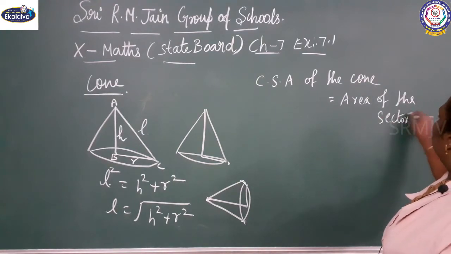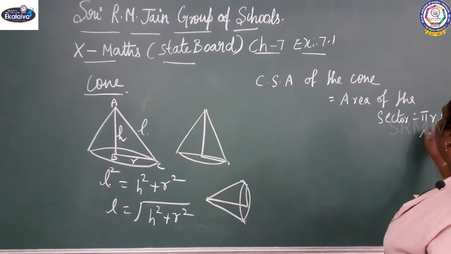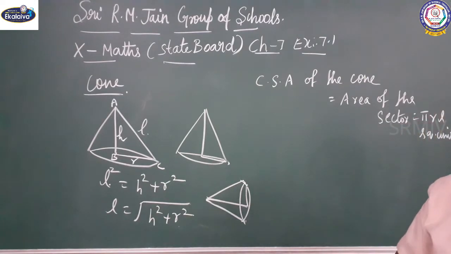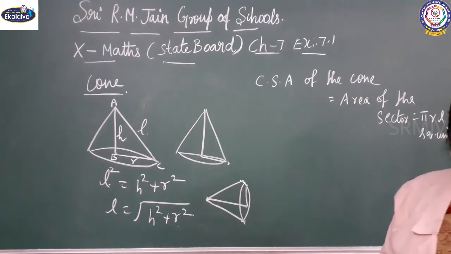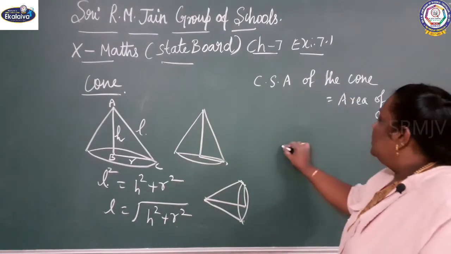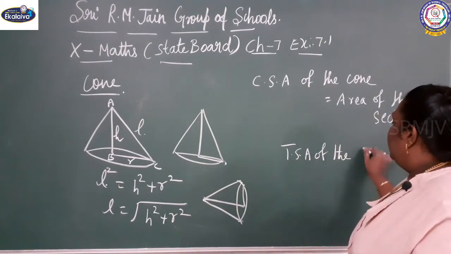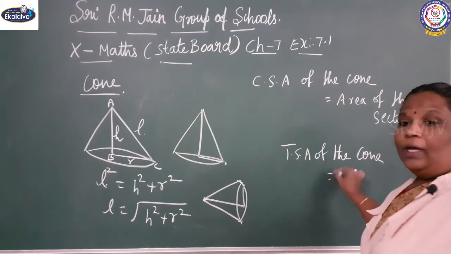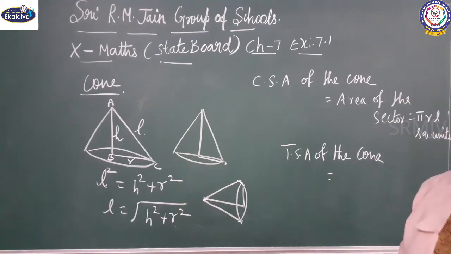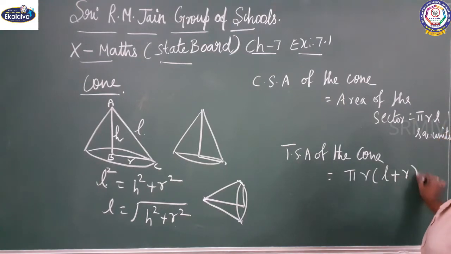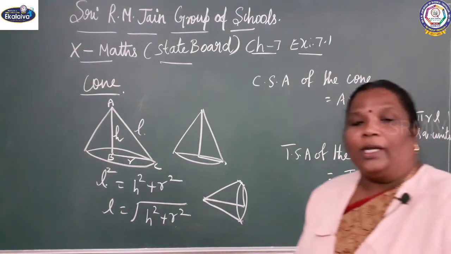The formula is pi r L square units. Total surface area of the cone equals pi r into L plus r square units.